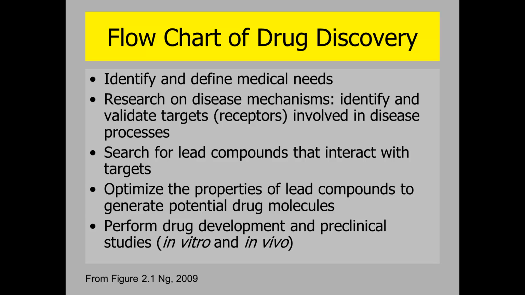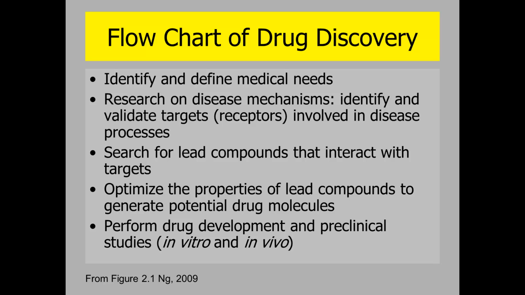So for example, with a receptor, you may be able to identify a molecule that blocks the receptor and prevents the disease from continuing. Or you may target a receptor that would specifically bring in a toxin and knock off a cancer cell. So then the next step is to look for lead compounds that interact with the targets.